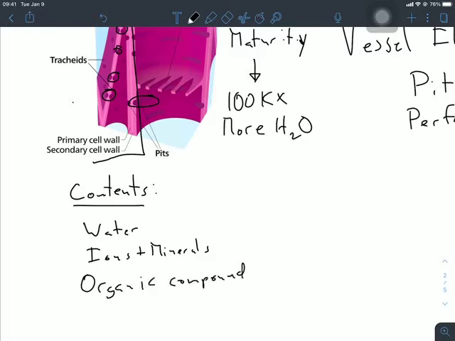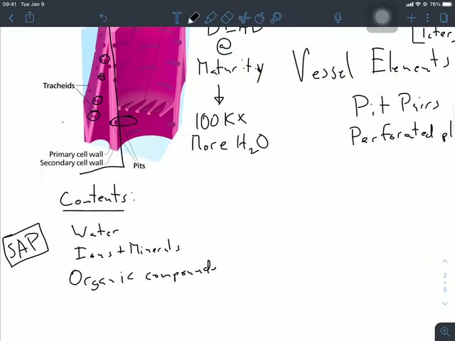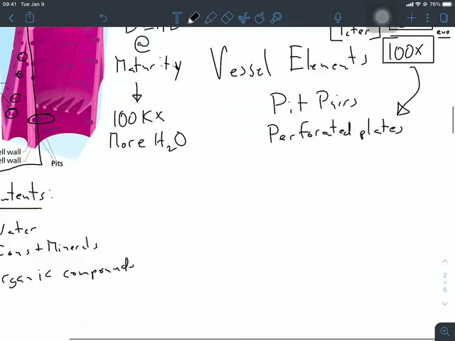Xylem can move things like sugar because the contents of the xylem are collectively referred to as sap. These contents within the vascular column can be moved by a number of different forces.